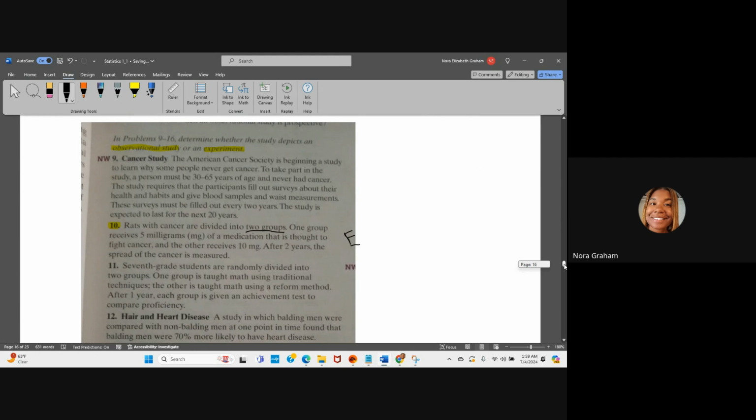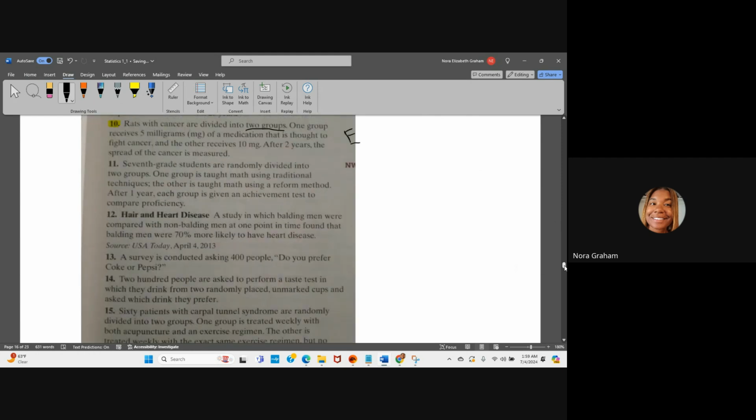So let's go on to 12. For 12, hair and heart disease. A study in which balding men were compared with non-balding men at a point in time found that balding men were 70% more likely to have heart disease.